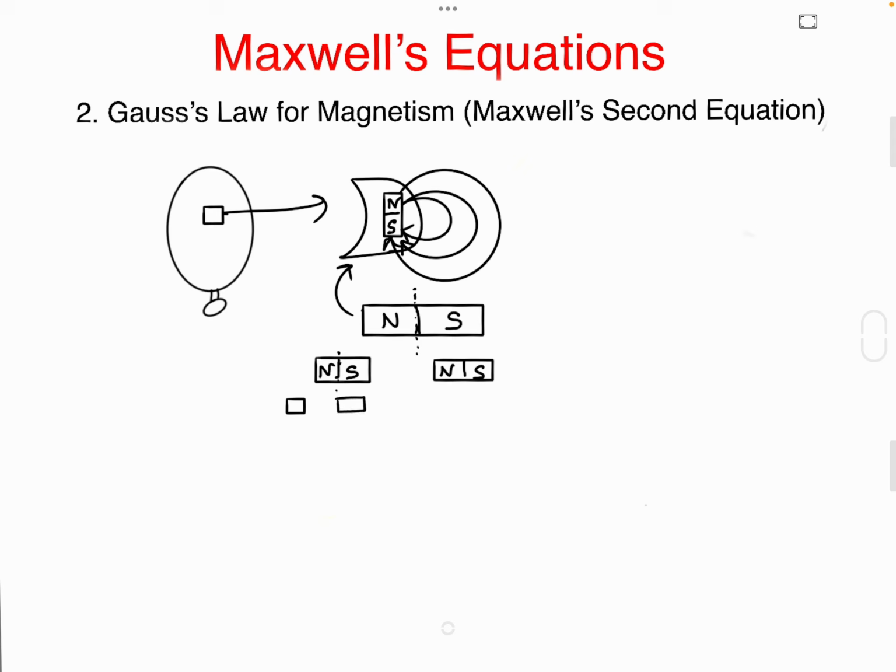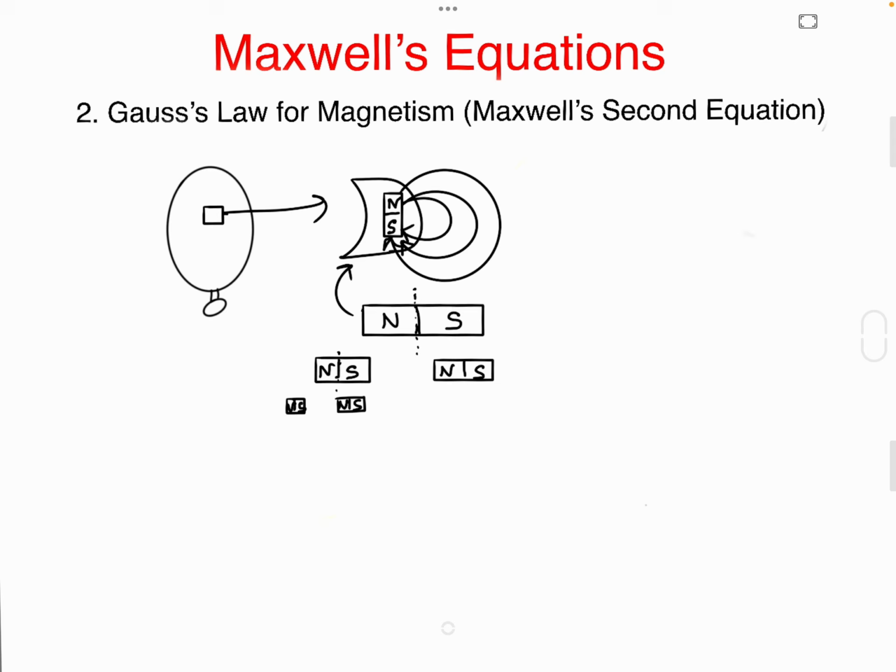We now have two teeny tiny magnetic bars, and they are also split into north and south. It doesn't matter how many times you chop the magnetic bar, it always generates a north and south. This is the beauty of nature, the beauty of the magnet.